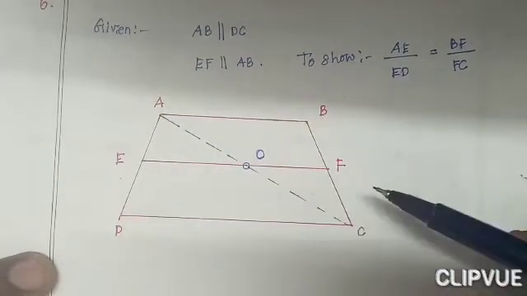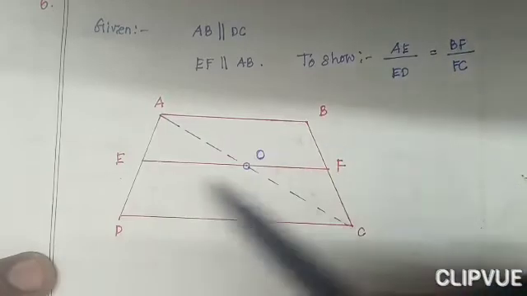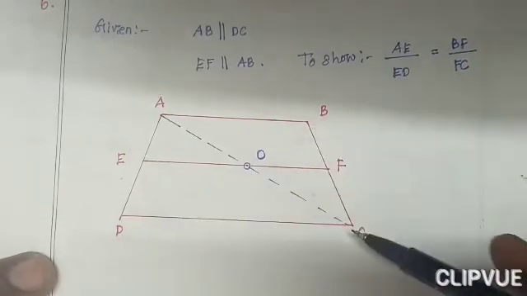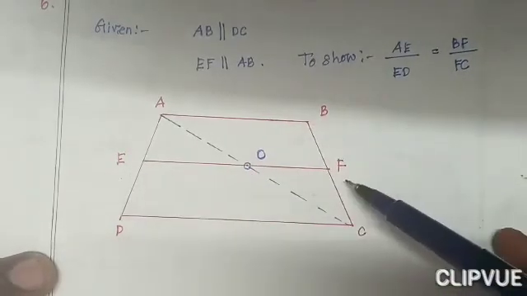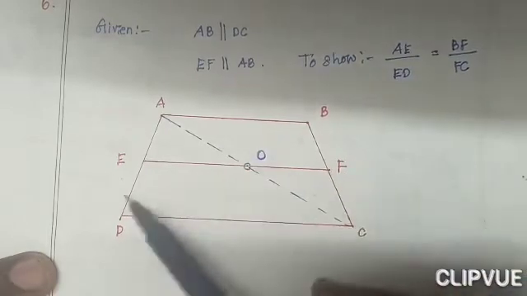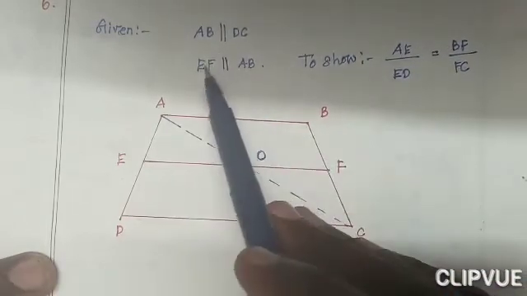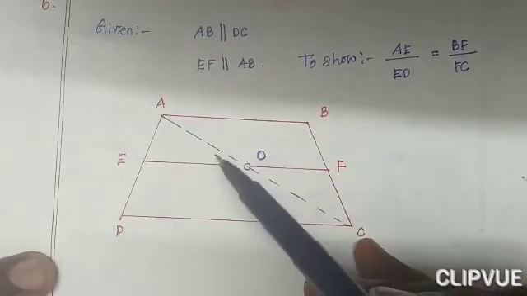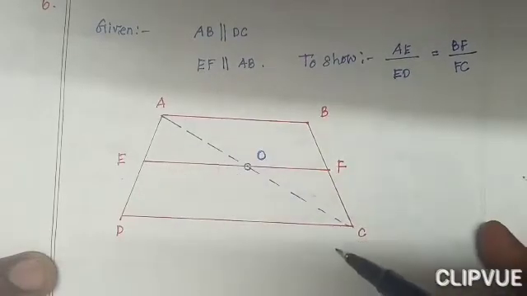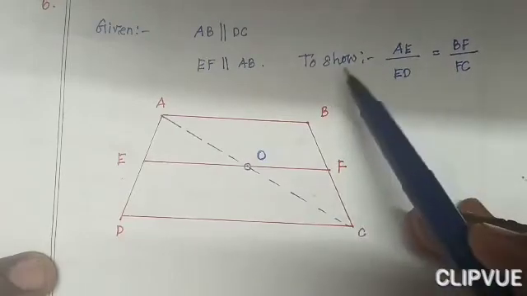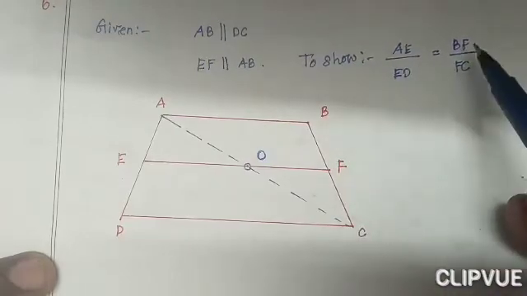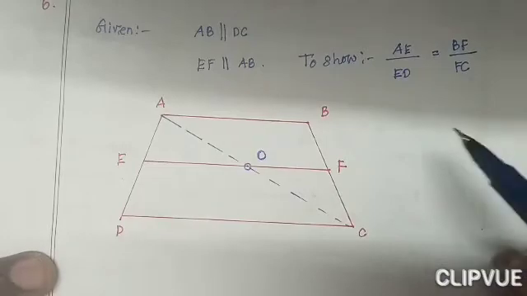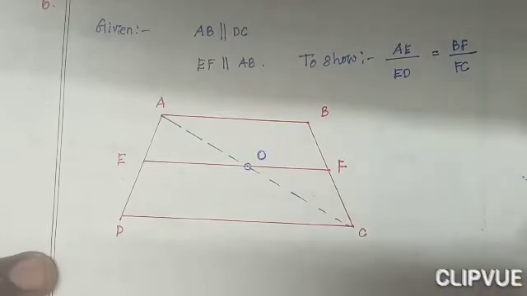We took 2 points on the sides AD and BC, E and F. If you join them, EF is parallel to AB, and if it is parallel to AB, it is parallel to CD. So we must show AE by ED equal to BF by FC by using the basic proportionality theorem.